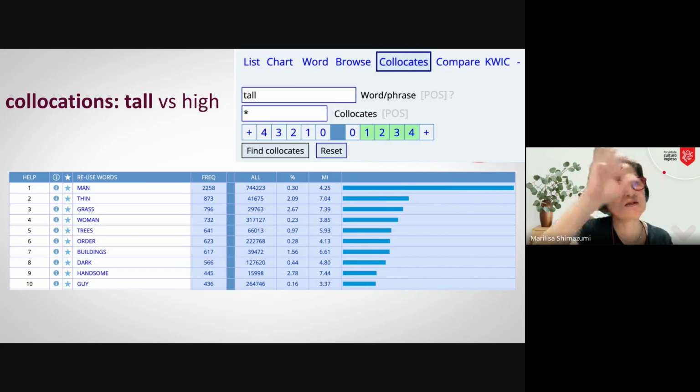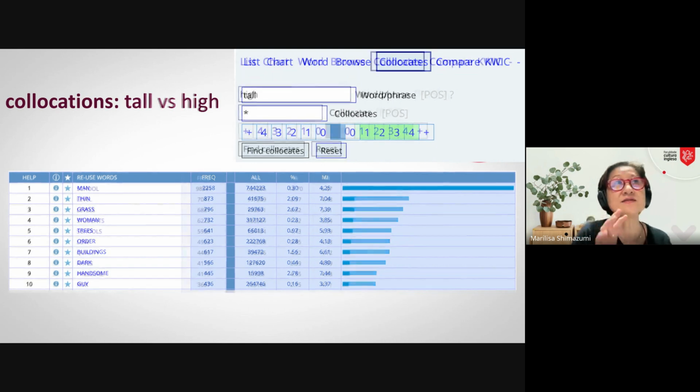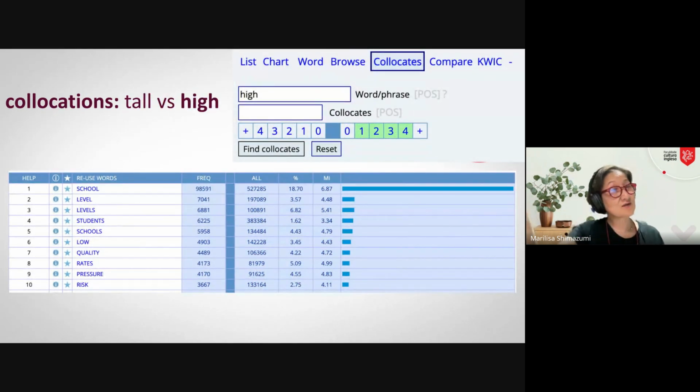And here, tall men, tall trees, tall buildings, tall guy, right? And this is the second conclusion.